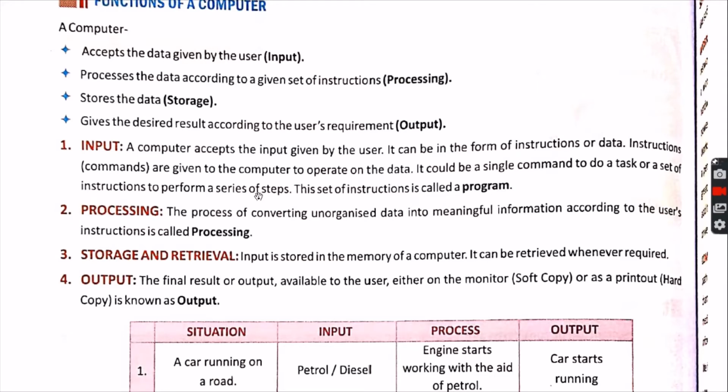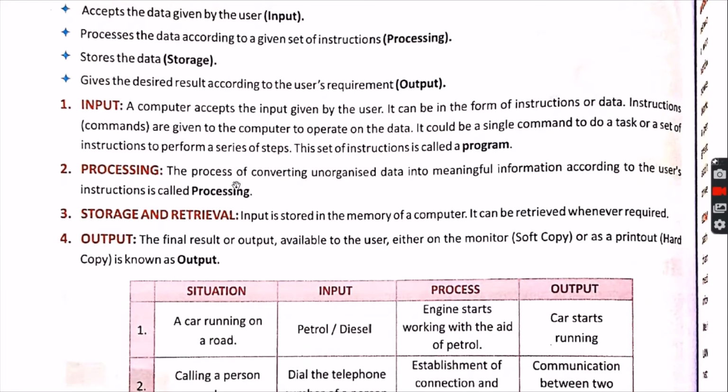A set of instructions to perform a series of steps. You can remember this definition of program also. If you are asked what is a program, then you can say a set of instructions to perform a series of steps in a computer is known as a computer program or simply a program.